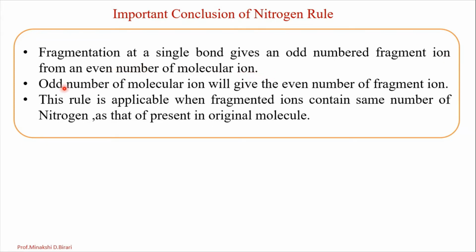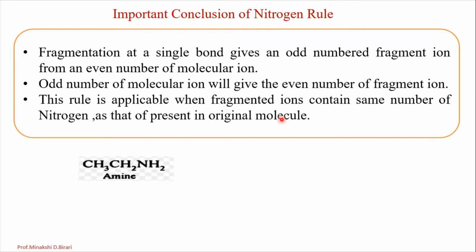Also, if the molecular ion is odd numbered, it will give an even numbered fragment ion. And this rule is applicable when the fragment ions contain the same number of nitrogens as present in the original molecule.